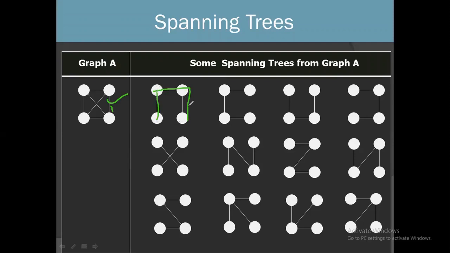Mainly in a spanning tree, there should be n vertices and n-1 edges. So these are the number of possibilities of a spanning tree from the given graph.